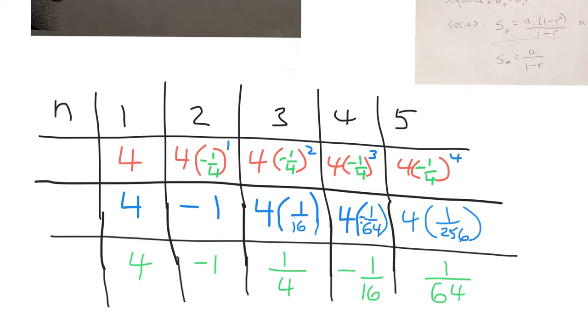Now, you could always pause the video and just kind of check, 4 over 256, is that 1 over 64? And you will discover that it is. Okay, so really, I mean, we just did it, right? We just pretty much solved the problem.